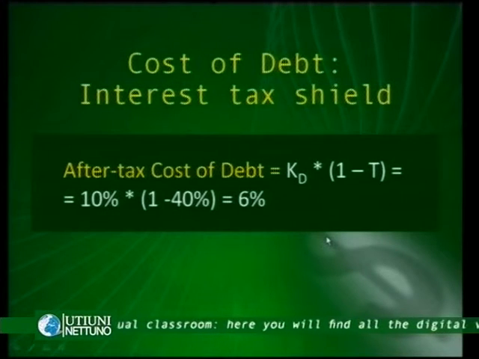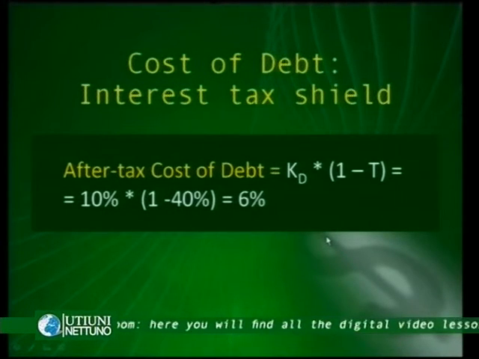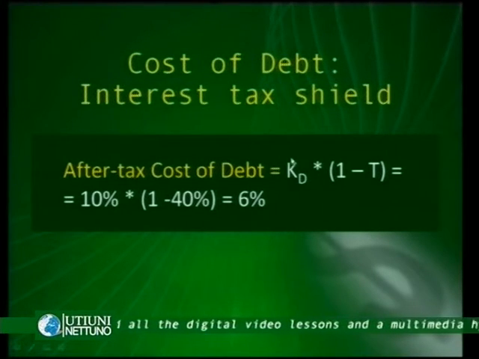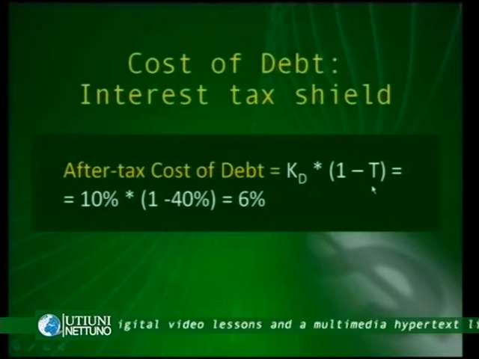So the net interest, or the after-tax cost of debt, can be calculated as the interest rate KD times 1 minus the tax rate.